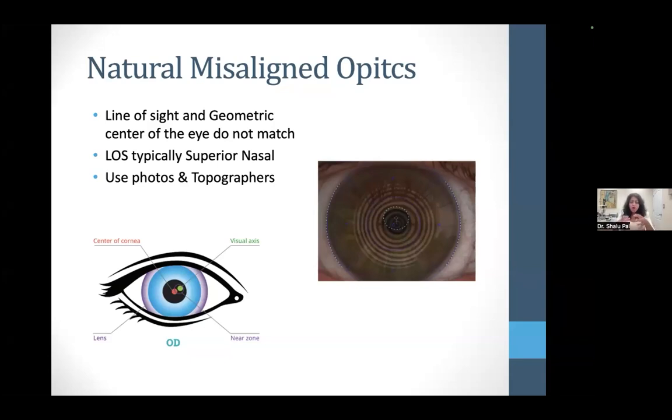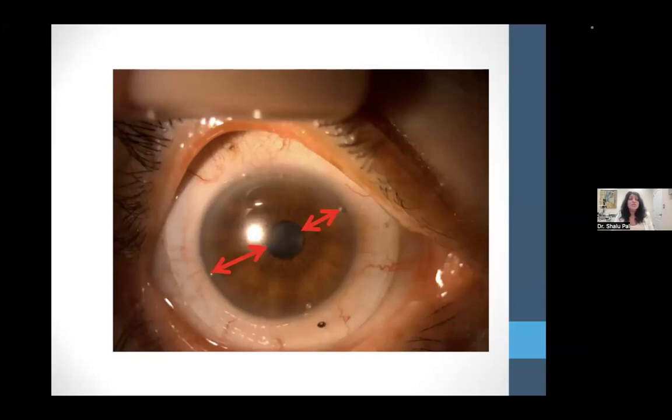Think about this complex multifocal design that we're hoping will line up perfectly with their pupil. And if they're not lining up, what does that do? I started looking at pupils a lot more once I knew that I could do something about it. And I started to notice that people are either very much lined up or the majority of their pupils are sitting up and in ever so slightly.